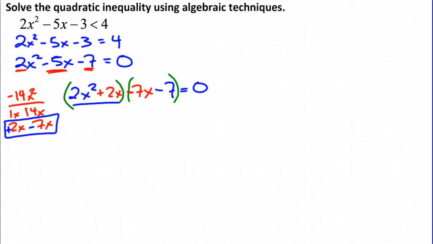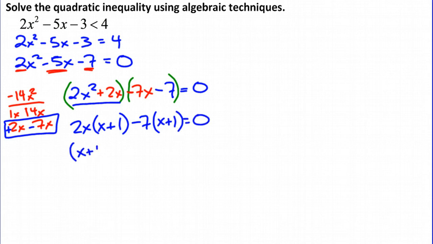Well, out of this first set of parentheses, we can take out a 2x. That would leave us with x plus 1. In the next set of parentheses, we will take out a negative 7, and that would leave us with x plus 1 as well. So our factors are x plus 1 and 2x minus 7.